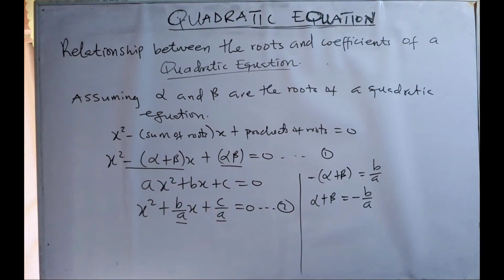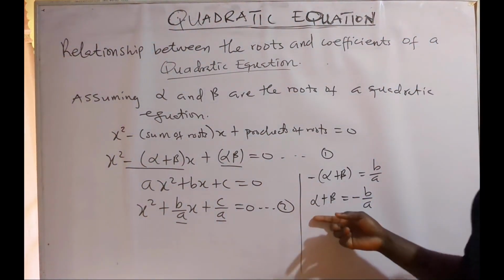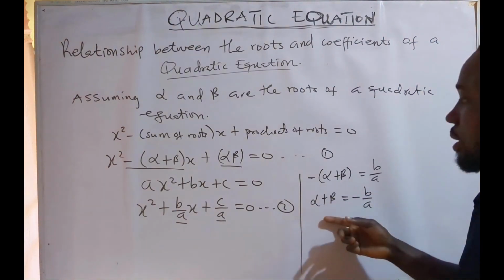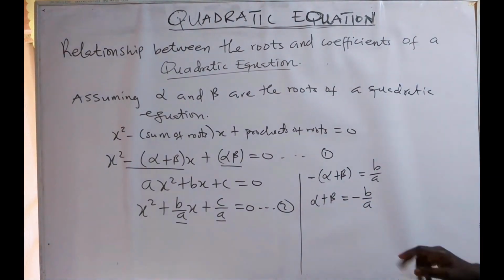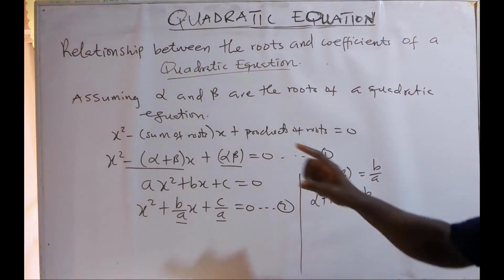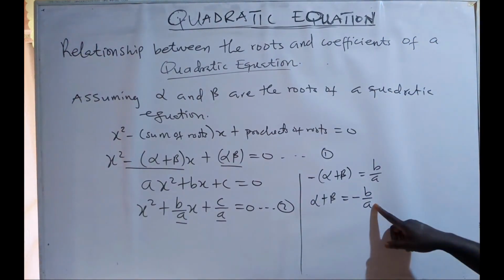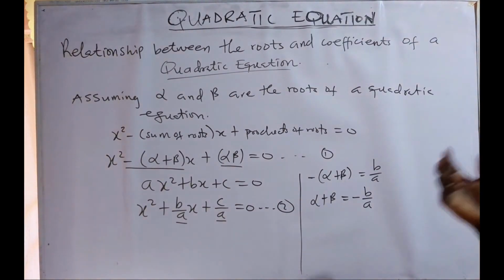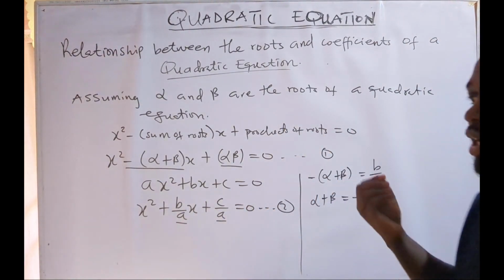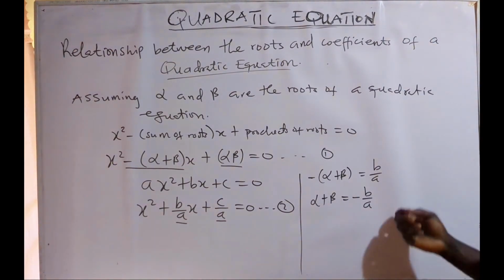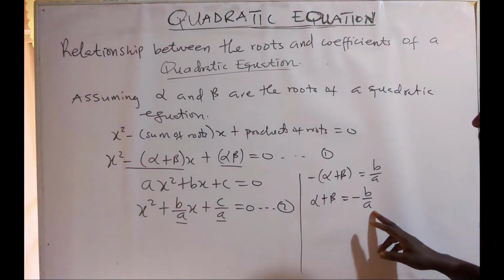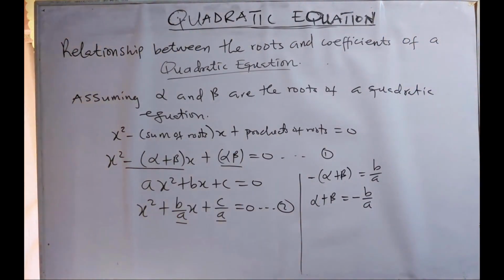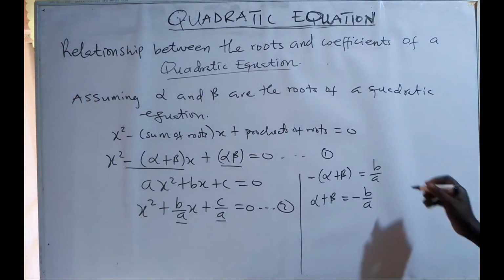So the sum of the roots of every quadratic equation is minus b on a, where b is the coefficient of s and a is the coefficient of s squared.